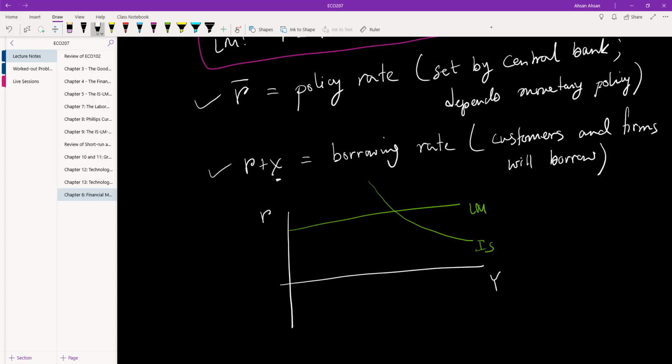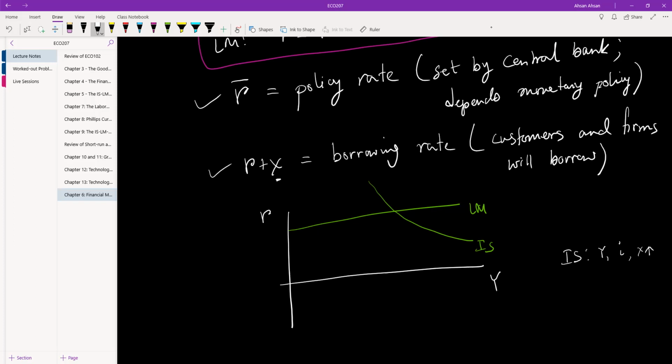The new thing is that IS, when we looked at chapter 5, the IS curve would shift if there were changes in Y or if there were changes in I. But now IS will also shift if there are changes in X. So for whatever reason, the risk of borrowing in the economy goes up. Okay, suppose X goes up.